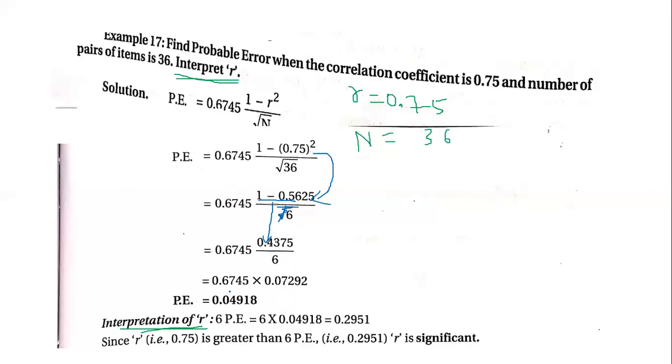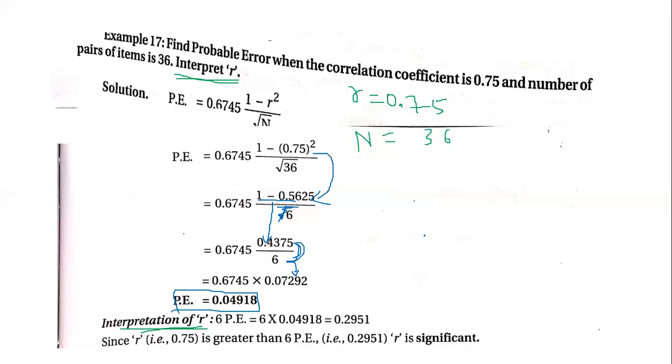Then 0.6745 into this: if I divide these two values, I get 0.07292. Now, the final answer of probable error is 0.04918.